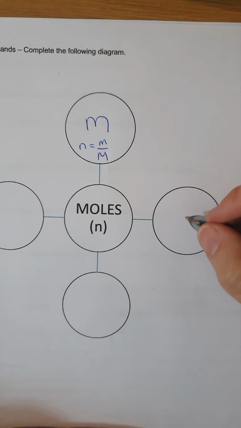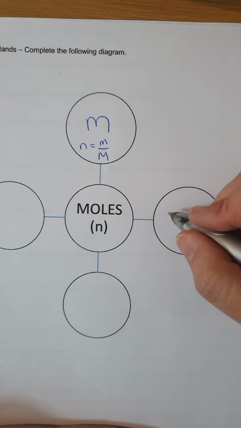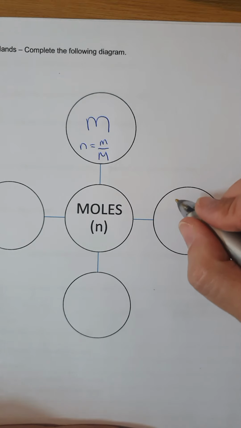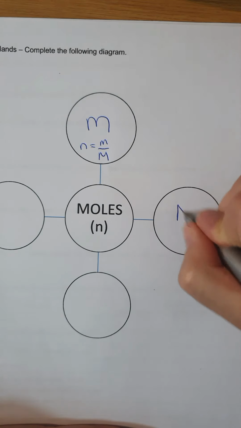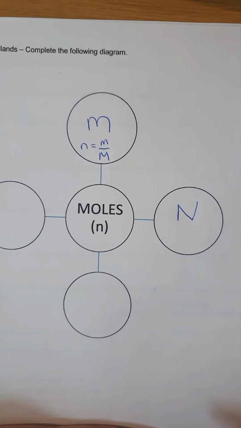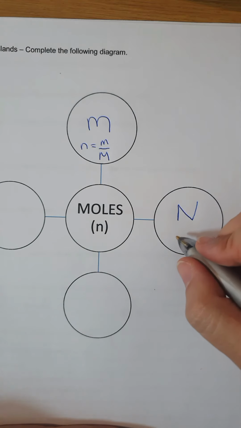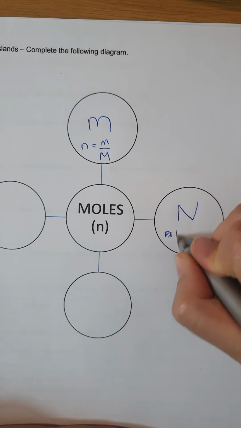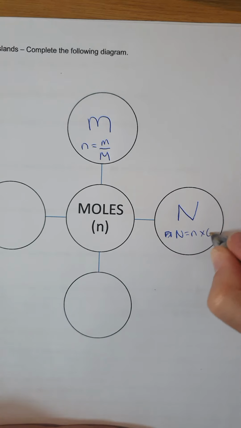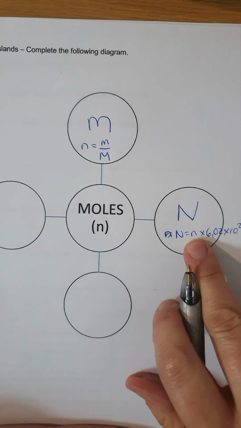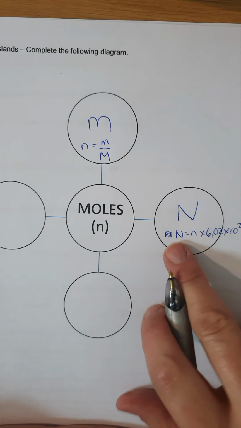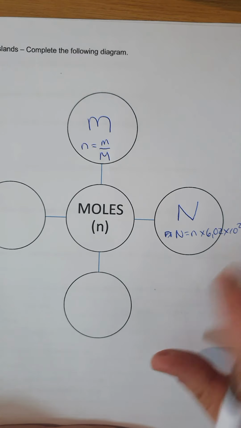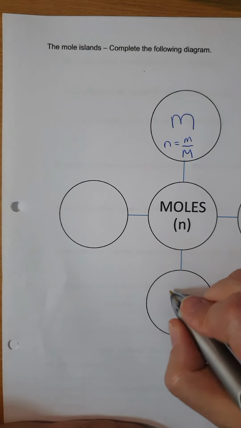The next thing we could work out was the number of particles, and n is equal to number of particles divided by 6.02 times 10 to the 23. So you can manipulate that: number of particles equals n times 6.02 times 10 to the 23.